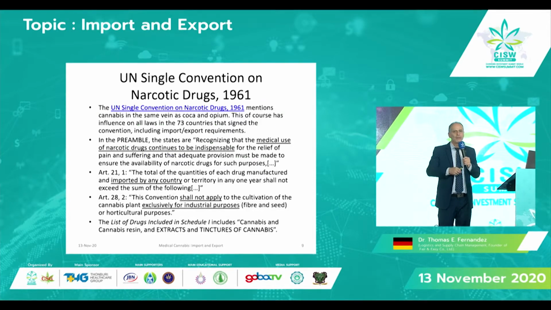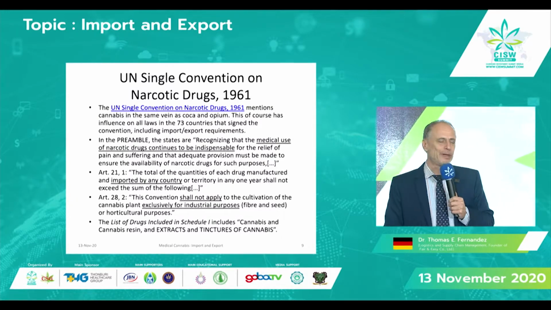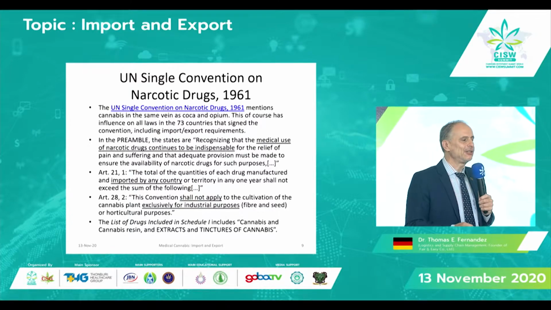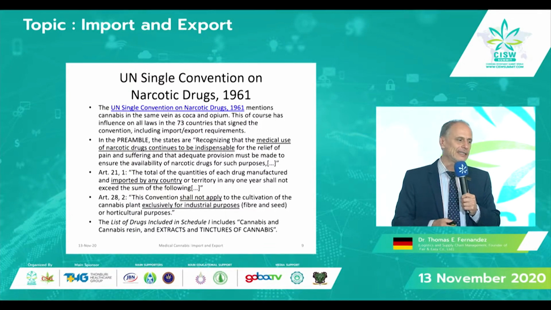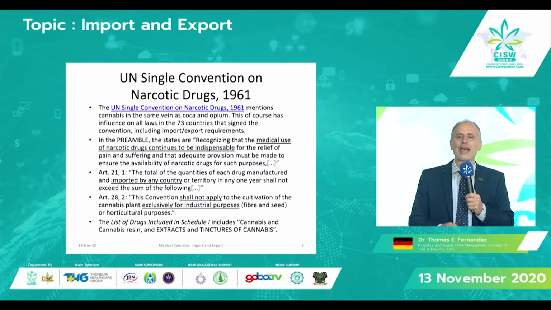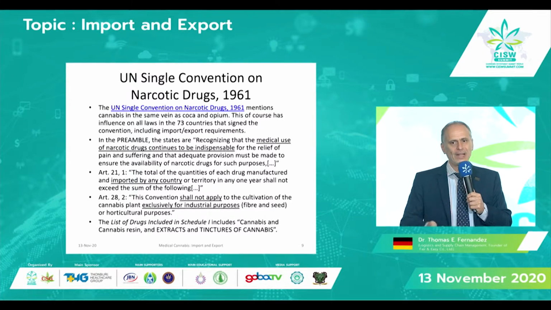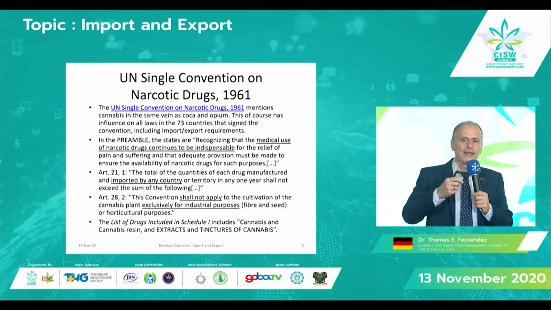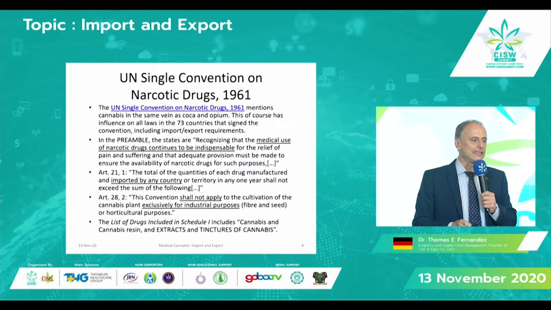What are all these regulations for the customs departments around the world based on? That's the UN Single Convention on Narcotic Drugs from 1961. 1961 was a totally different time from what it is now, and the customs regulations, laws in every country were made since then.